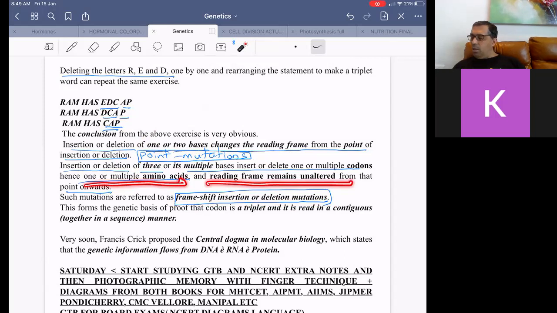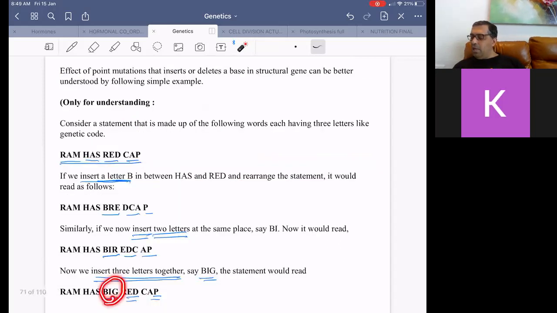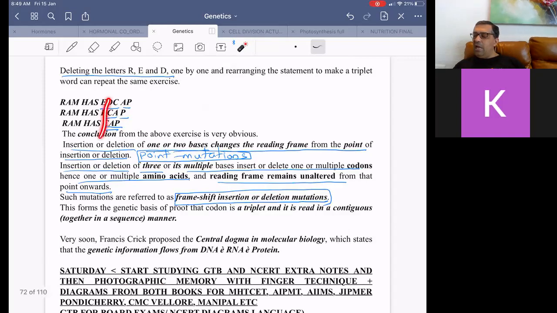BIG came, RED CAP will remain the same. RED removed, CAP etc. will remain the same. And that is called frame shift insertion or frame shift deletion or mutation.